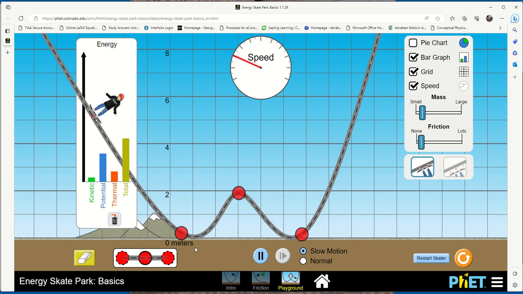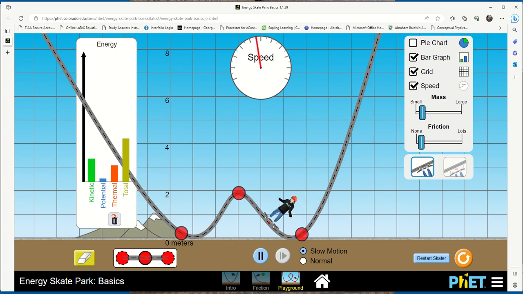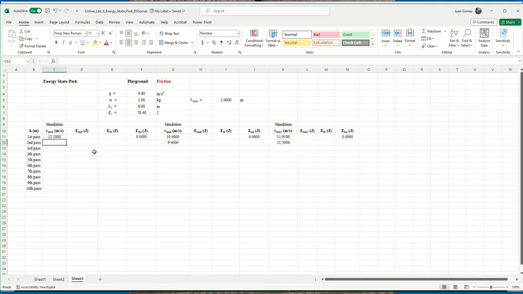Okay, now my third pass, I'm going left to right again. V low 1, V mid, V low 2. Now my fourth pass, I'm going right to left. V low 2, V mid, V low 1. So you just keep going, nothing complicated. All right. So you enter all those in.